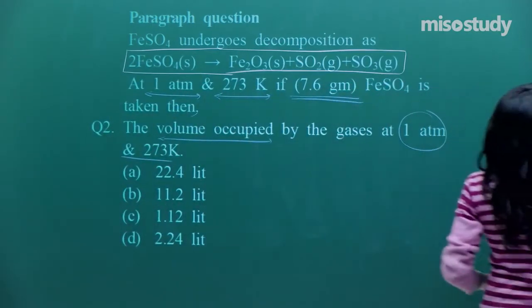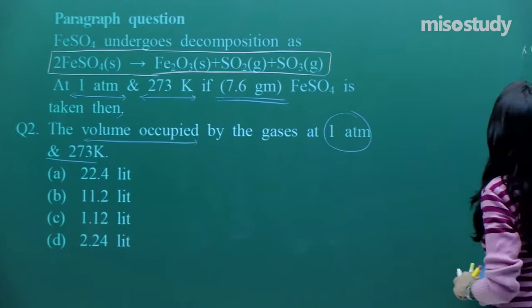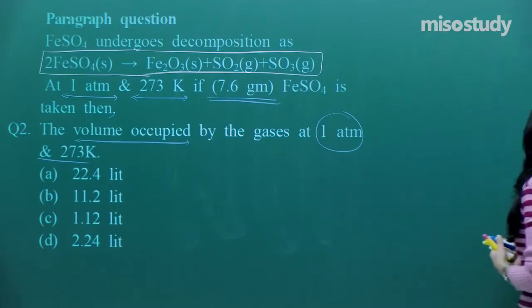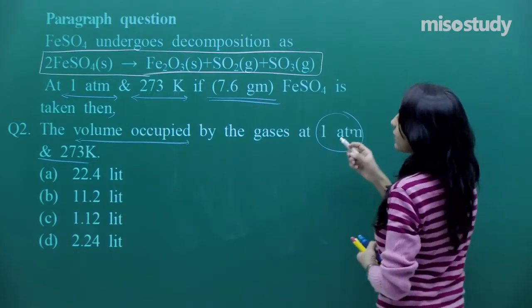Let us now start moving on to how to write the answer to this question. So guys, first of all, I will ask you to calculate what should be the molar mass of FeSO4.